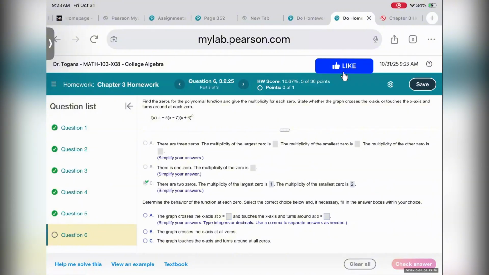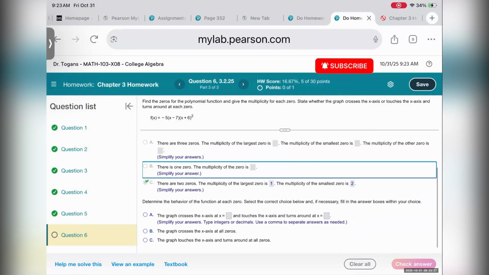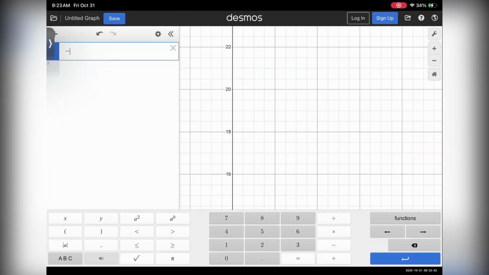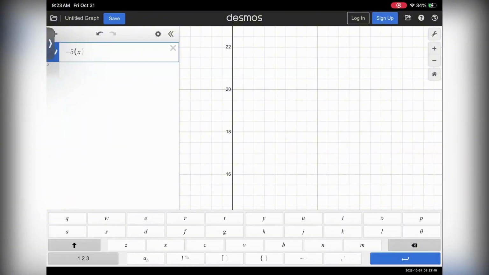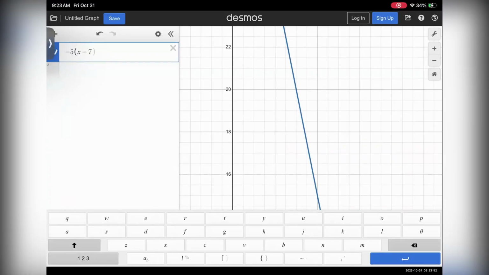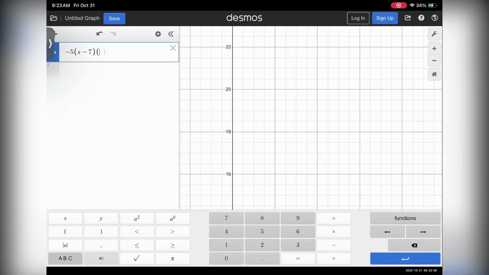Okay. So the graph crosses, I would use Desmos to be sure. Times x minus 7, and then times x plus 6 squared. And then just check that to make sure that's right.